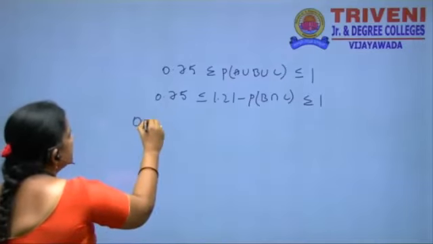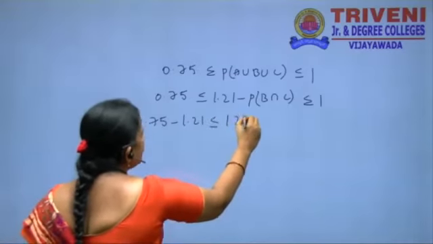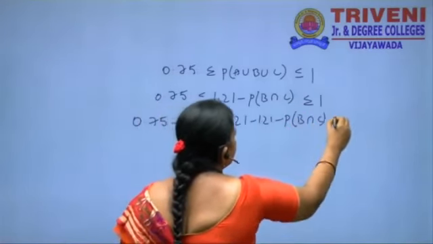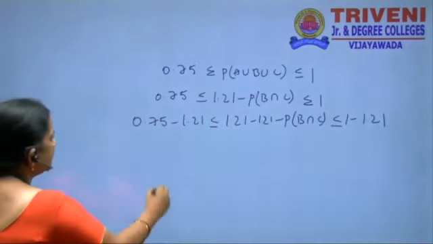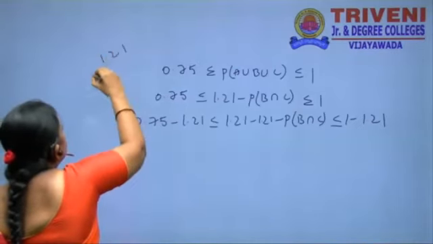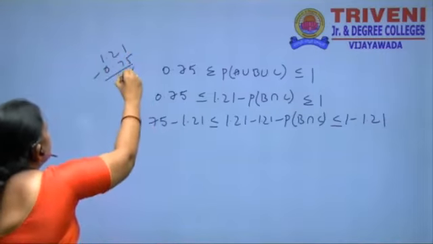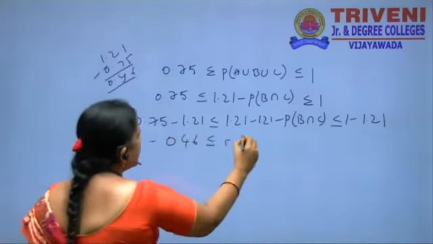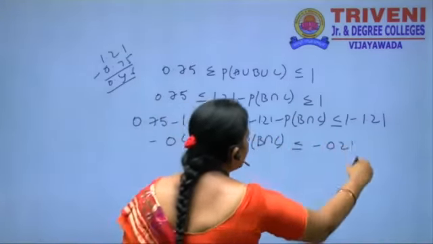Then 0.75 minus 1.21, so minus P of B intersection C is less than or equal to 1 minus 1.21. 1.21 minus 0.75 is 0.46, so minus 0.46 is less than or equal to minus P of B intersection C, less than or equal to minus 0.21.